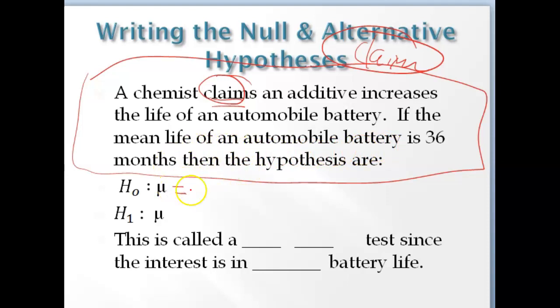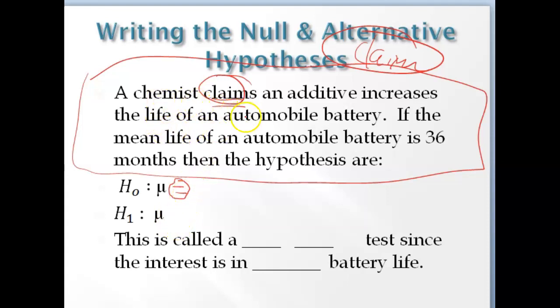Again, this is a hypothesis test for a population mean. Now remember that the null hypothesis always contains a condition of equality, whereas the alternate hypothesis is going to contain a condition of inequality, either less than, greater than, or not equal to.